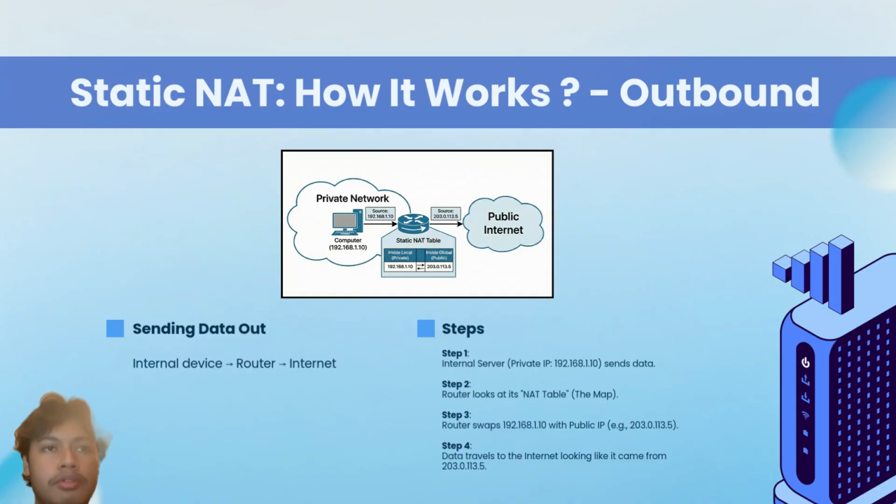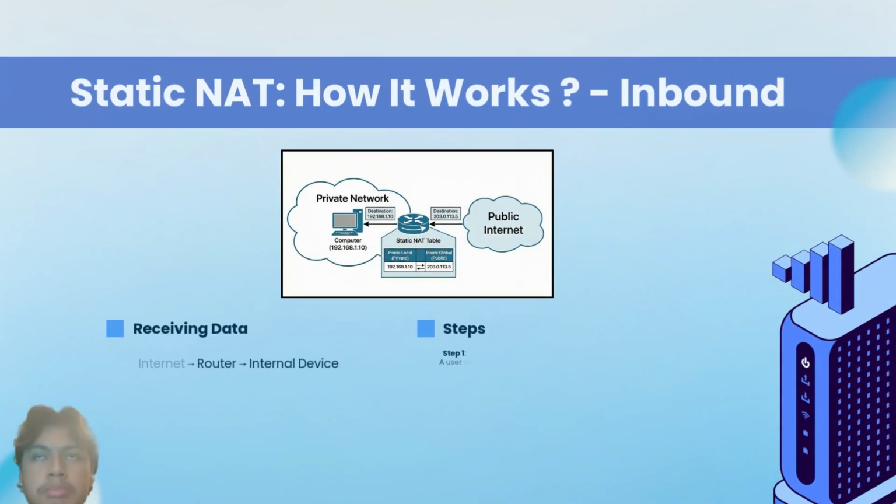The router will perform a swap, and it replaces the private address with the valid public IP, which is 203.0.113.5. So here we can see that there's a swapping happening on the static NAT table, and the data will travel onto the internet looking like it came from that public address. The outside world will never see the private IP of our internal server, and they will only see the public address that has been swapped under the static NAT table.